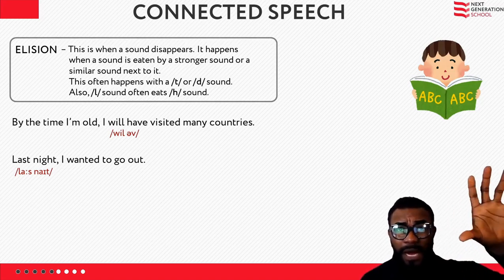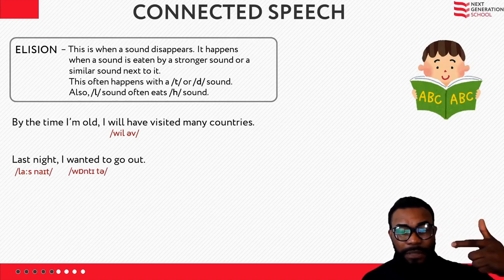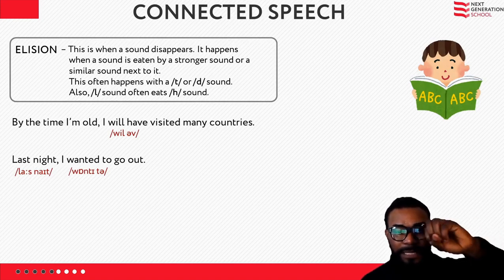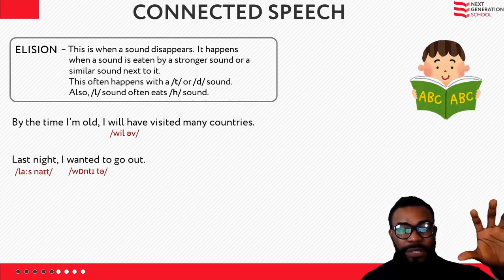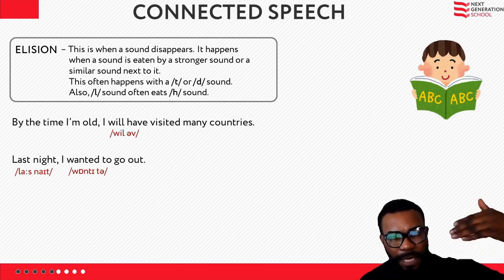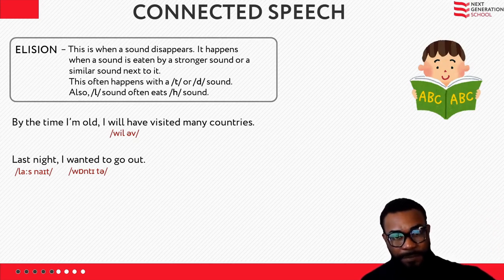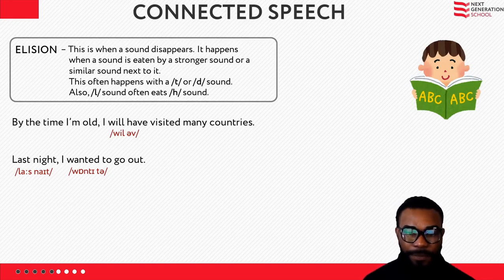We have "I wanted to," but then I say "I wanted to." So the "de" at the end of "wanted" disappears, and then we're left with "wanted to." Last night I wanted to go out. So let's repeat. Last night I wanted to go out. That is elision at work.